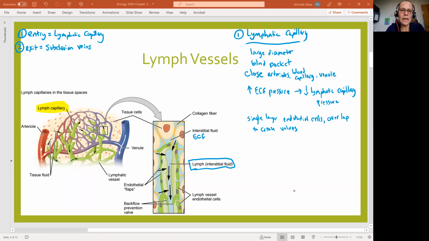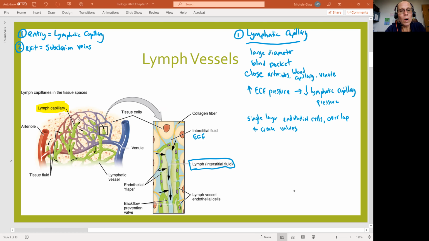So we are looking at the arrangement of those endothelial cells. They are stacked in such a way that material can push open the valve in order to enter. But when it comes time to try to exit, that forces those cells to close up that gap. Because we create this large gap in these overlapping cells, this allows pretty large stuff to enter the capillary.